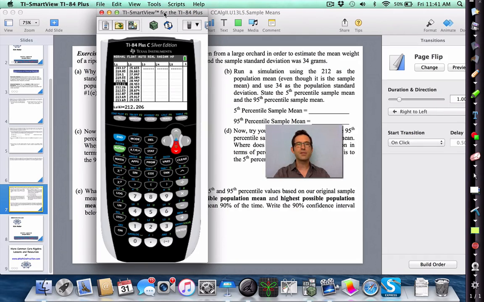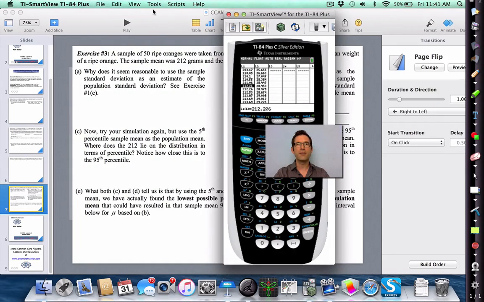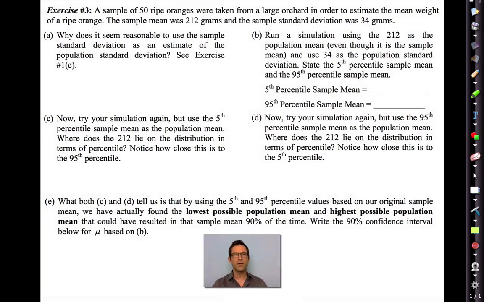So let's pop back in to here, and I'm going to fill quite a bit of this out. I'm going to leave letter A because it took us a little while. So let's summarize what we had. When we ran a simulation where we said that the mean, hey, I remember this time, was 212 and the standard deviation was 34, we found that the 5th percentile was, let's say, 205.4.